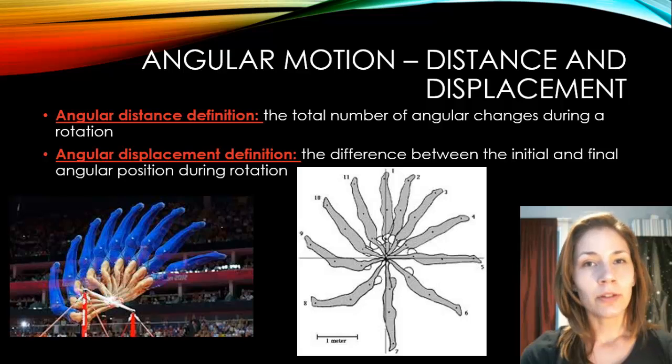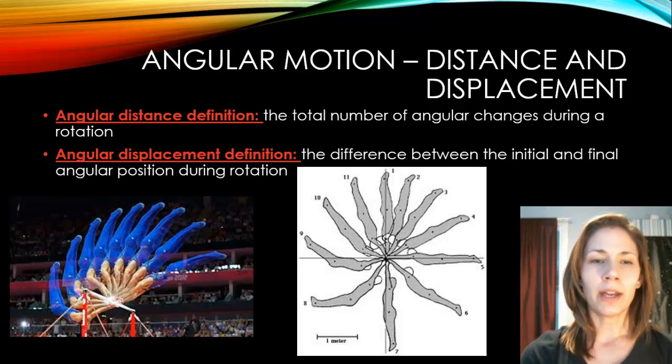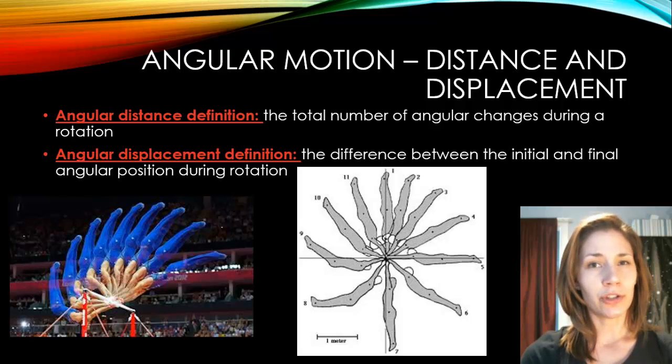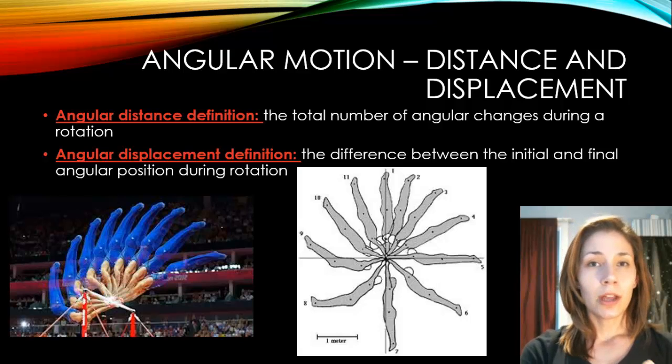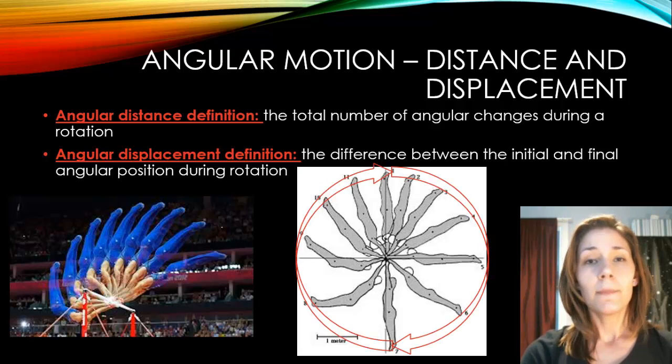Angular displacement, on the other hand, is just the difference between the initial and the final angular position during that rotation. So for example, if that gymnast started at the top of the bar and then finished their rotation at the top of the bar again, then their angular distance would be 360 degrees because it goes all the way around that one central axis.